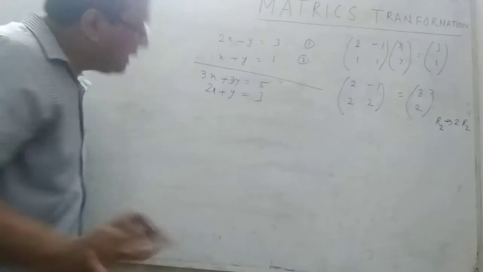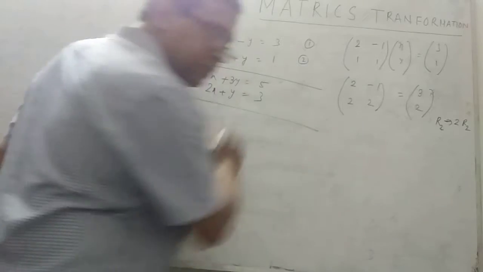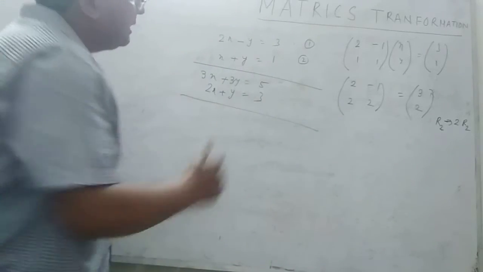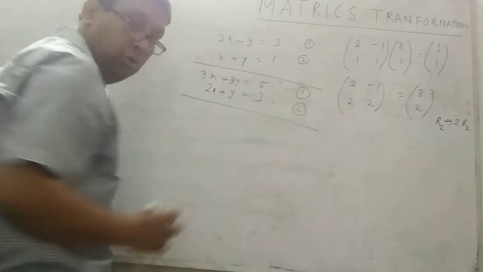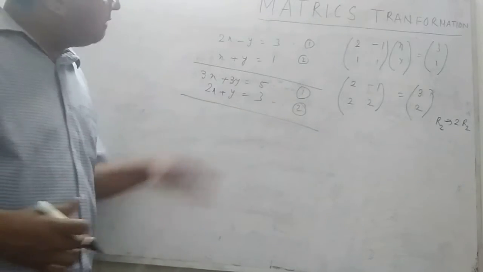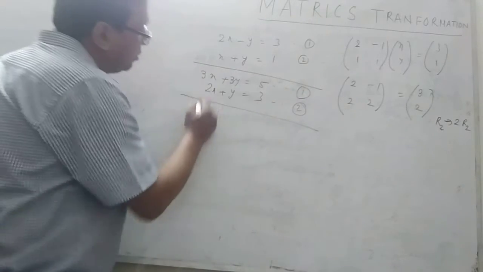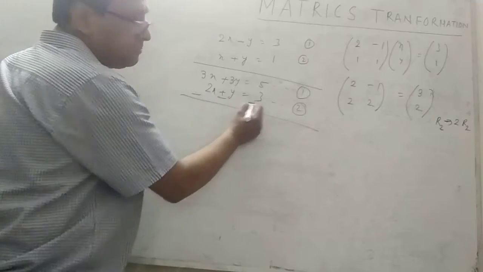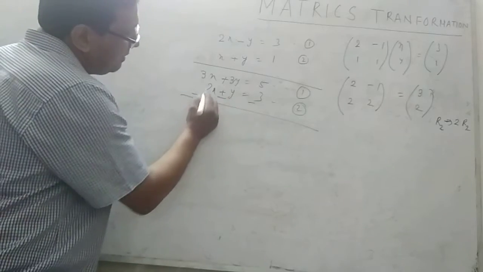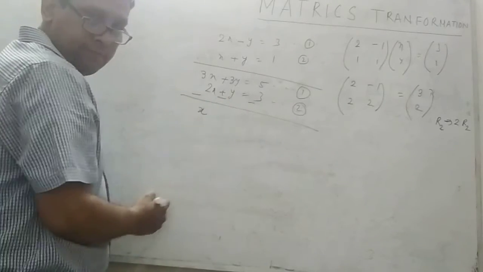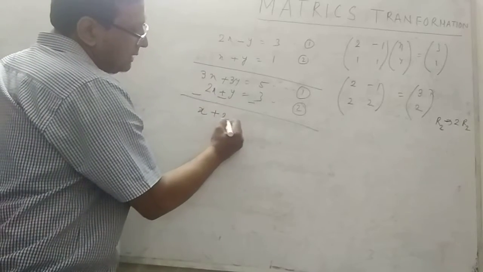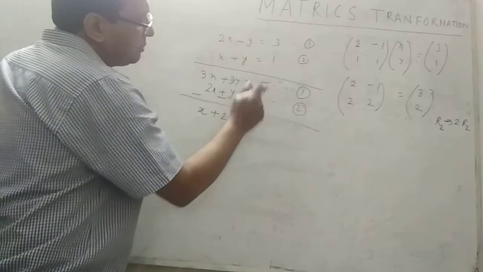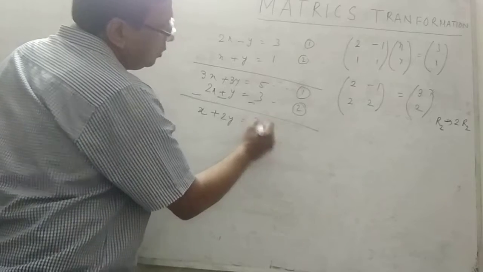If I want, can I subtract these two equations? I can subtract it; this is equation 1, this is equation 2. If I subtract, I can write 3x minus 2x is x, here 3y minus y, that is plus 2y, and on the right side 5 minus 3, 2.